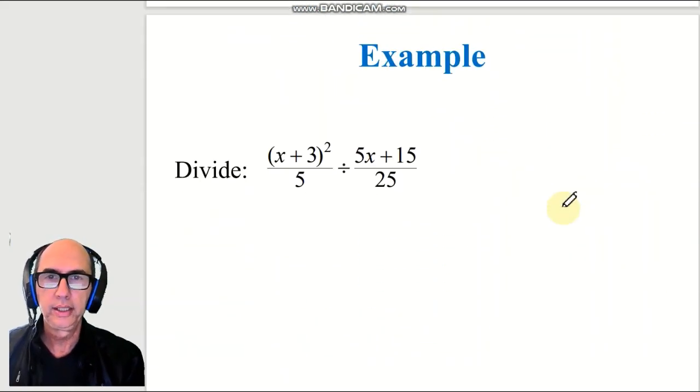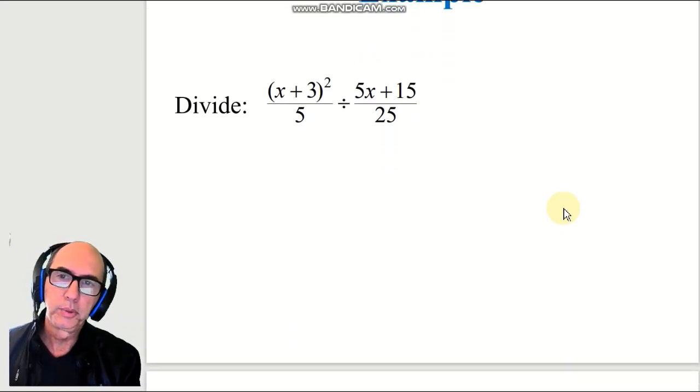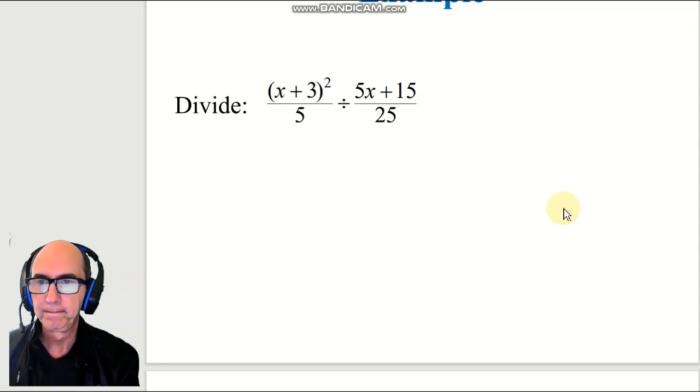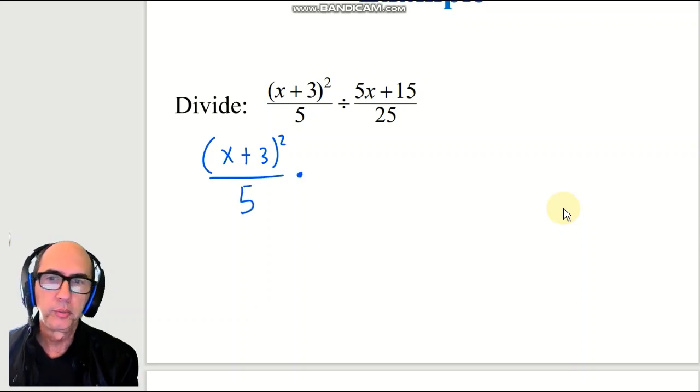Look, let's try this one. Divide (x plus 3) squared over 5, divided by (5x plus 15) over 25. Perfect. Remembering keep, change, flip. Keep (x plus 3) squared over 5. Change the operation to multiplication and flip, or take the reciprocal of the second one.